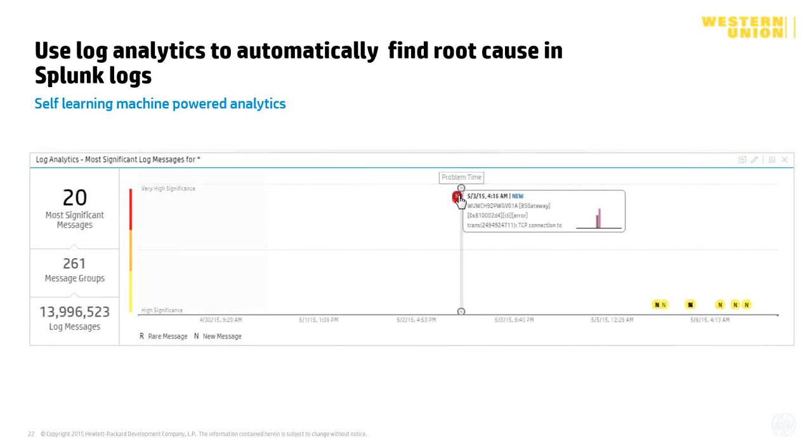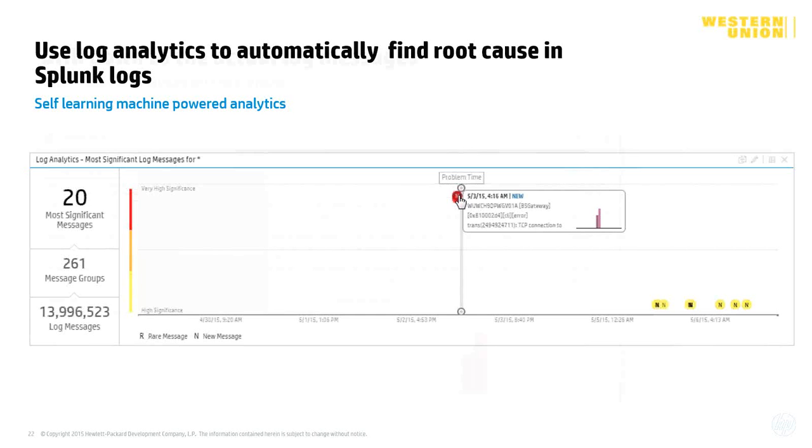In this case, what you'll see is that operations analytics was able to take about 14 million log messages that came from a Splunk database and identified the most significant and relevant messages for the operator to look at.